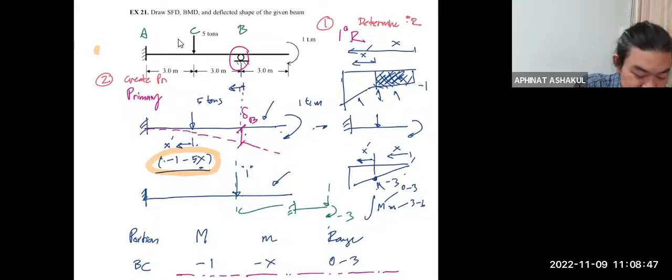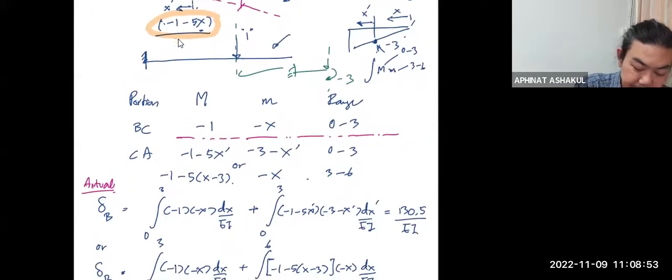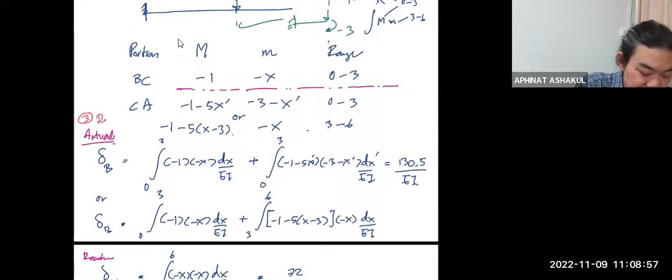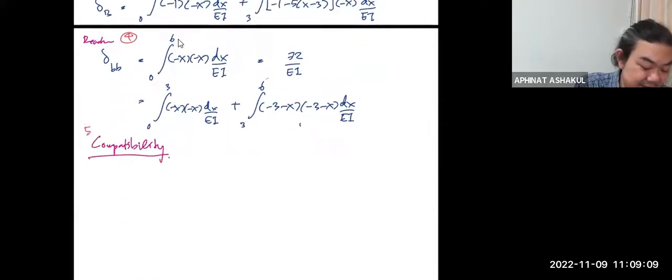Step number three is the deformation at B due to the actual load, and step number four is the deformation due to the reaction. And here's the last step, step number five: the compatibility equation.